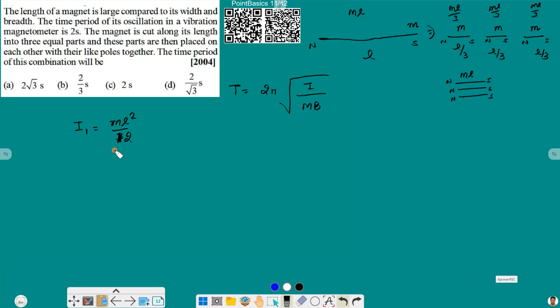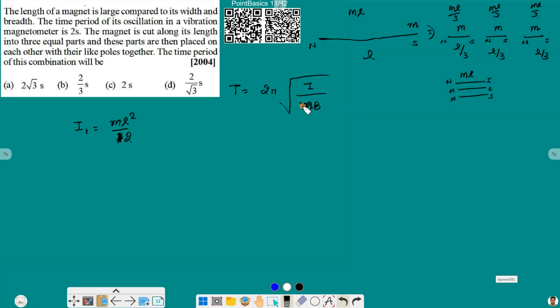Moment of inertia of a rod. Now when we break rods, when we convert this configuration into this configuration, one thing which we have to correct here is the mass, because small m is already taken by us as pole strength, so we have to take capital M here.